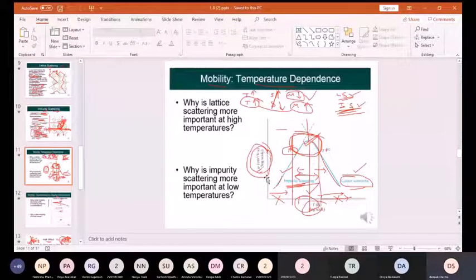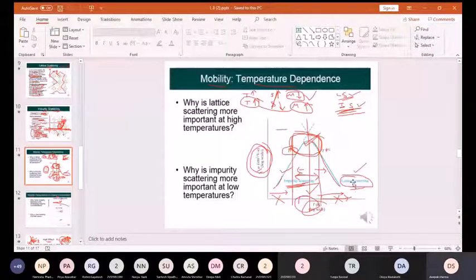How mobility is affected by the temperature, right? I had said that the mobility of the carriers will be maximum at optimum temperature. If the temperature is less, the mobility will be less due to impurity scattering, and if the temperature is more, the mobility will be less again due to lattice scattering.